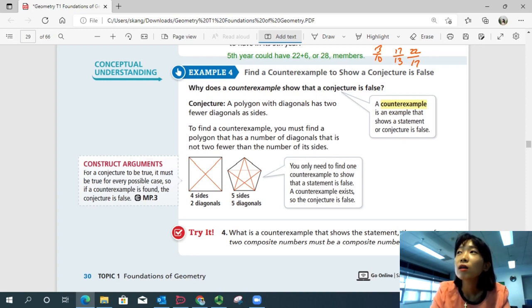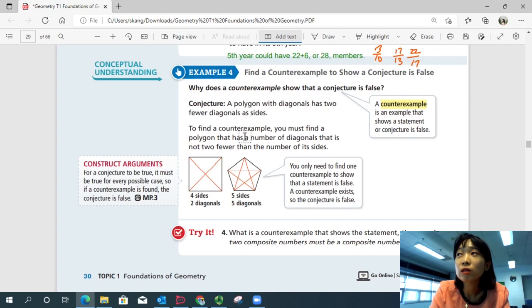So if we have a conjecture that says a polygon with diagonals has 2 fewer diagonals than sides, we can find a counterexample, a polygon that has a number of diagonals that is not 2 fewer than the number of its sides. Right? So if we have a pentagon here, it has 5 sides and 5 diagonals, and they're equal, so it doesn't agree with this conjecture.